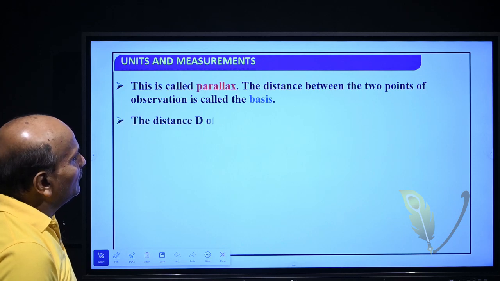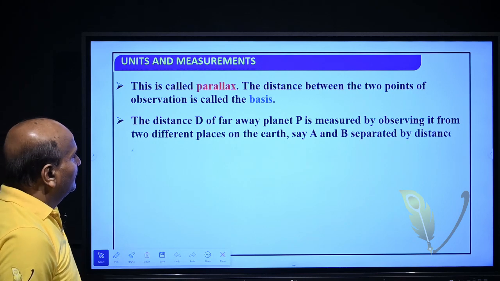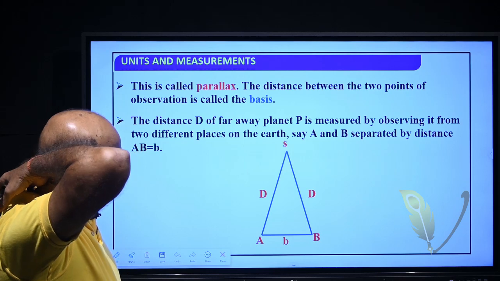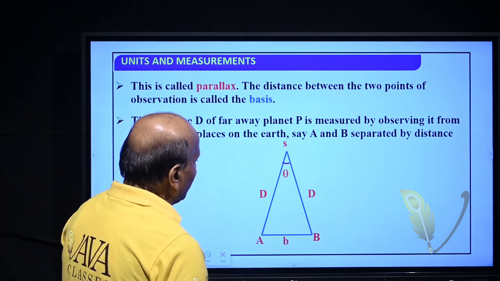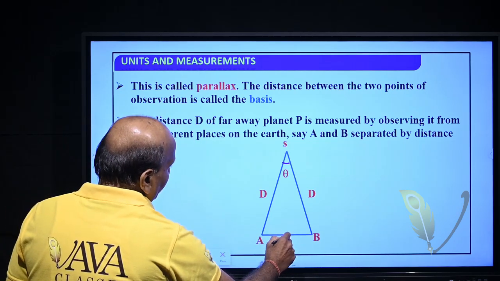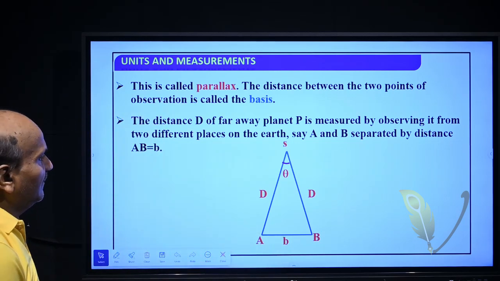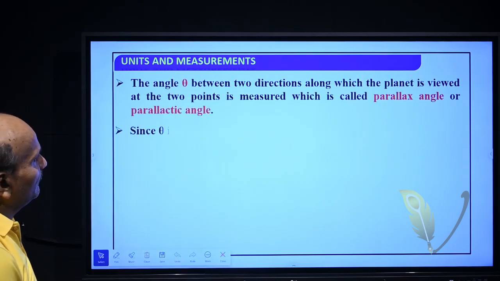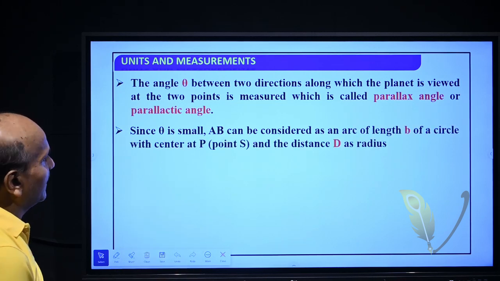The distance between the two points of observation is called the basis. The distance D of a far away planet P is measured by observing it from two different places on the earth, A and B, separated by a distance AB, that is called the basis. If it subtends an angle theta between the two directions of observation, that angle is called the parallax angle or parallactic angle.